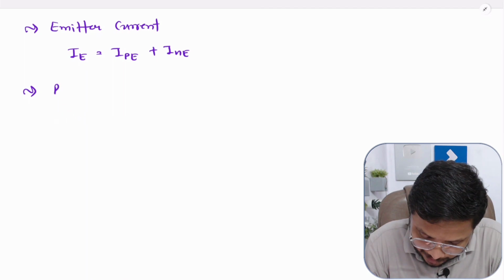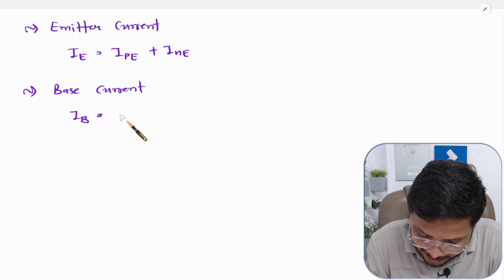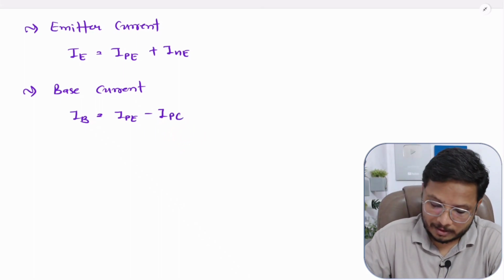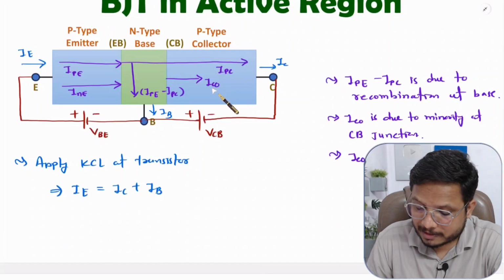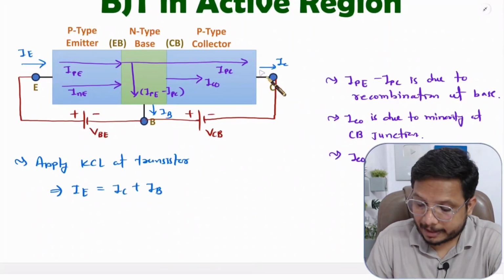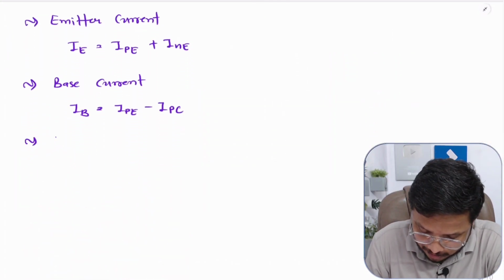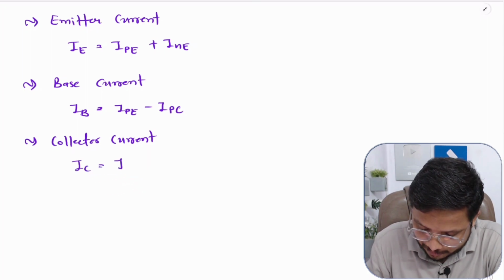See, the base current over here, let us say IB, is IPE minus IPC, right? That is happening due to recombination of holes. And if you talk about collector current, the collector current IC is IPC plus ICO.